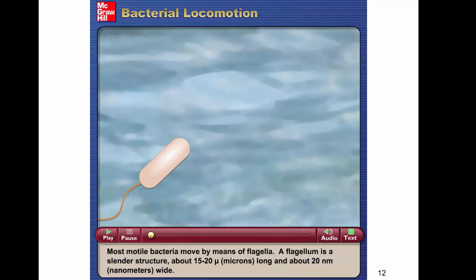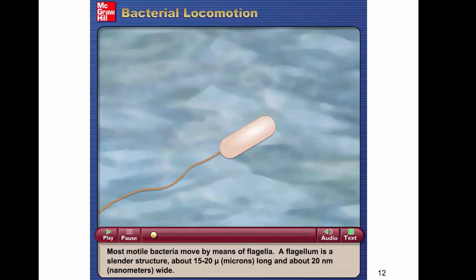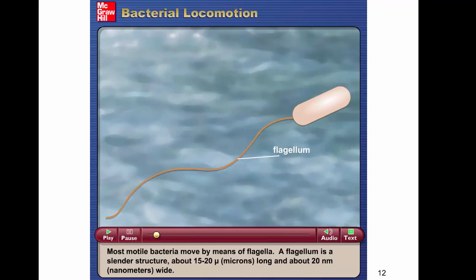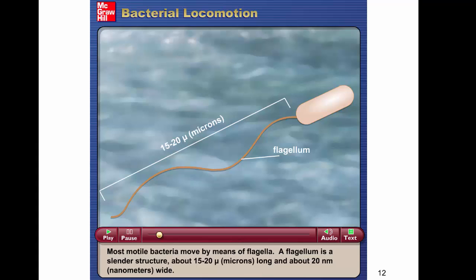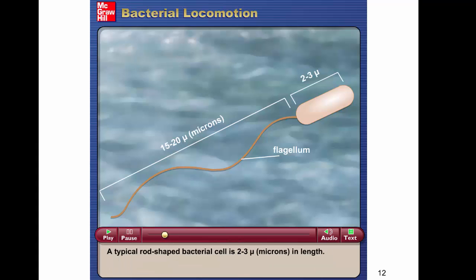Most motile bacteria move by means of flagella. A flagellum is a slender structure about 15 to 20 microns long and about 20 nanometers wide. A typical rod-shaped bacterial cell is 2 to 3 microns in length.